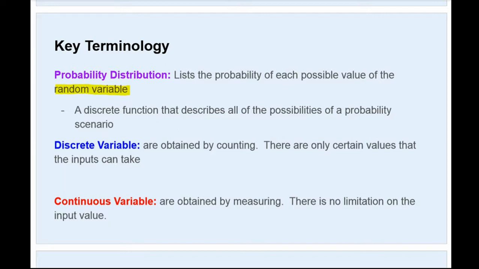I could also look at things like number of siblings. You only have 1, 2, 3, 4, 5, and so on. They're fixed amounts. There's only certain values that you could have. Now you might think they're going to be primarily whole numbers, which in most cases that's true. However, you could also have scenarios where they're decimals, such as shoe size.